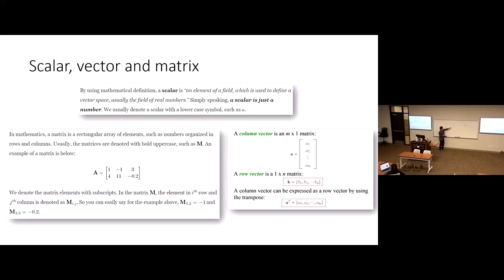So a vector is 1 by n, or n by 1. This vertical one is n by 1. That's a vertical. Horizontal, you have 1 by n, so this would be 3, 4, 1.2.